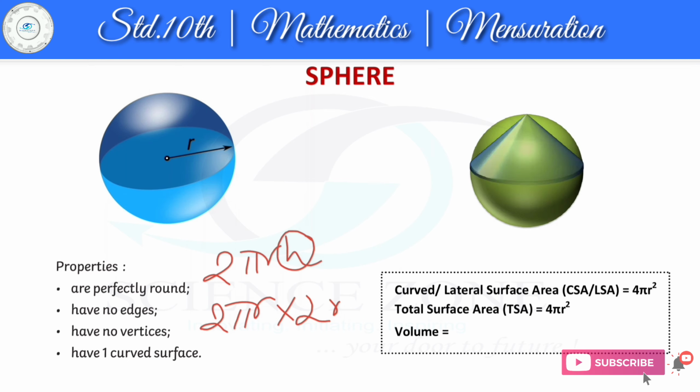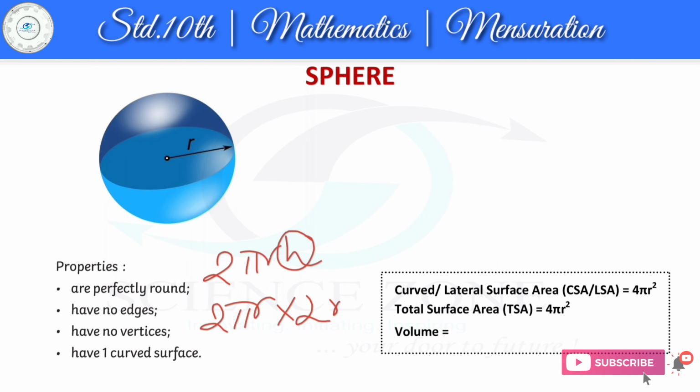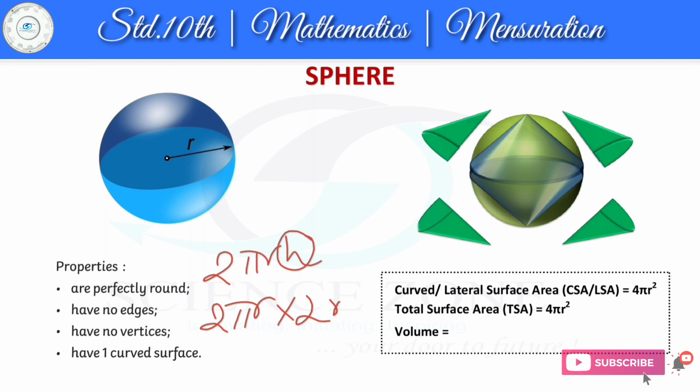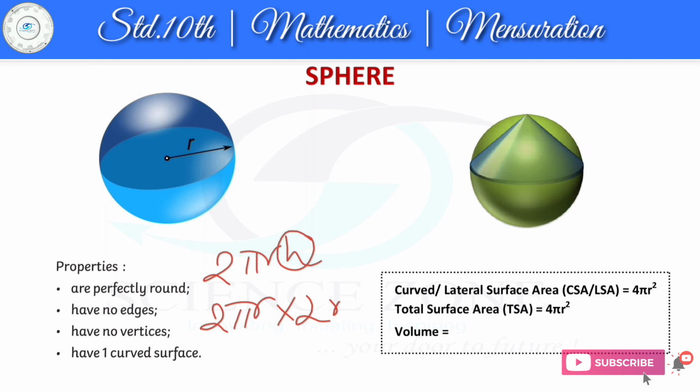Now if we have to find the volume of a sphere, then volume of one sphere is equal to 4 times the volume of a cone whose height is equal to the radius of its base. If you have a sphere whose radius is r, then its volume is 4 times the volume of a cone. Which cone? The cone whose height and radius are equal.